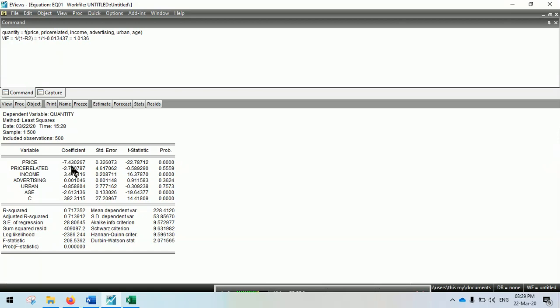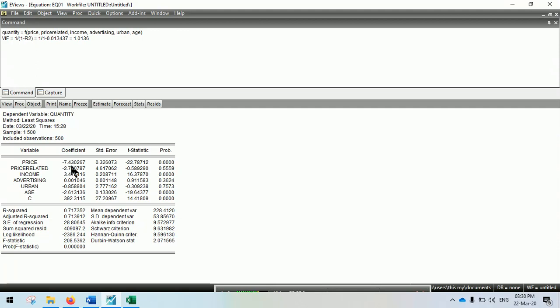For the related price, it is negative, but again it is not significant. What does the negative sign mean? If the price of the related good increases, the quantity of good X will decrease. So by right it is a complement, like sugar and coffee. If the price of sugar increases, the quantity of coffee will decrease. People will consume less coffee because maybe they can't afford very expensive sugar.